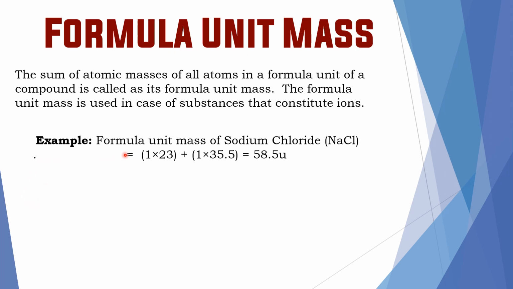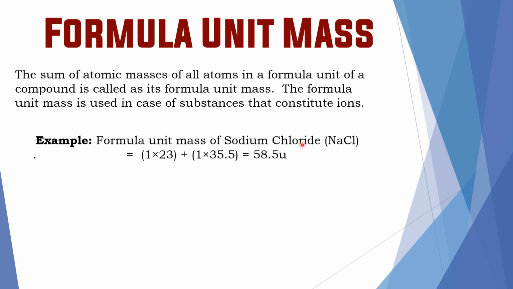For example, the formula unit mass of sodium chloride. This is a compound, where one part is a metal and the other part is a non-metal. Sodium, Na+, is a cation, and chlorine, Cl-, is an anion.